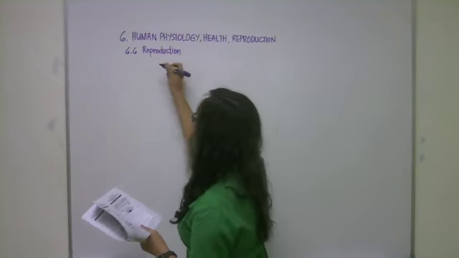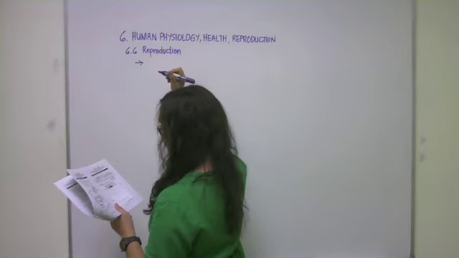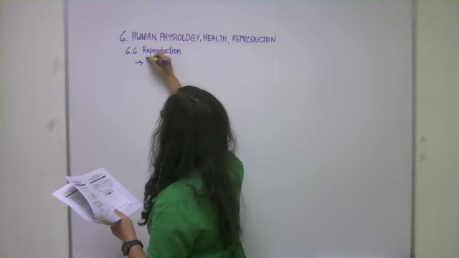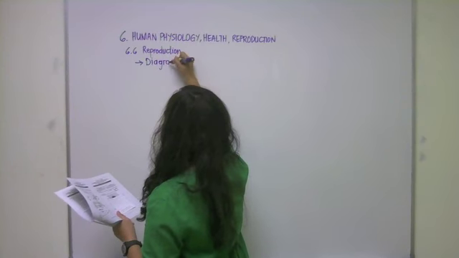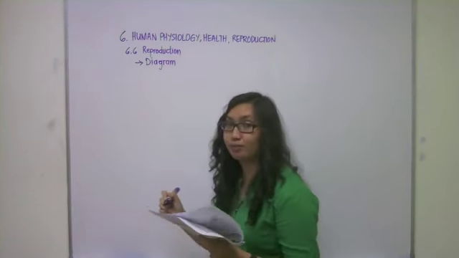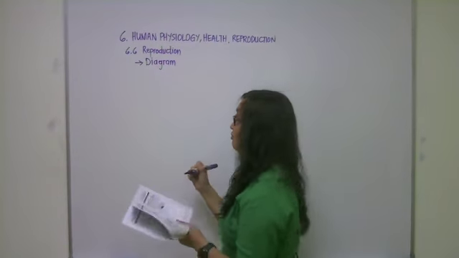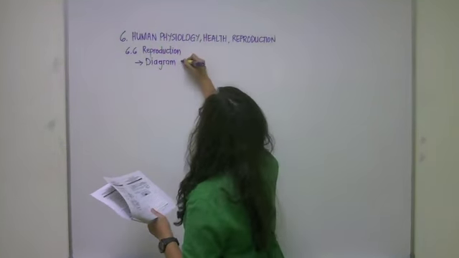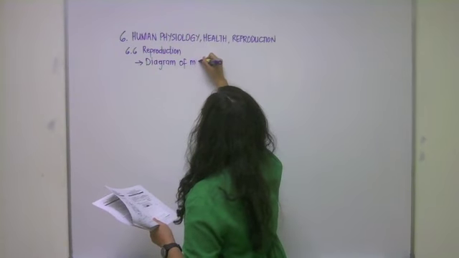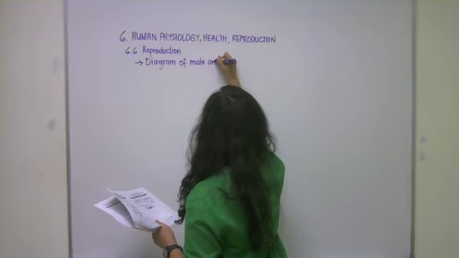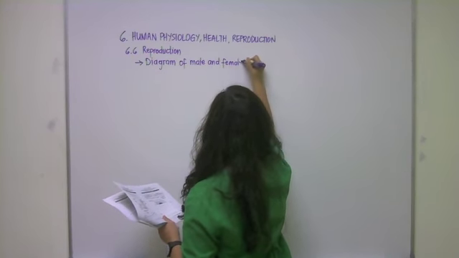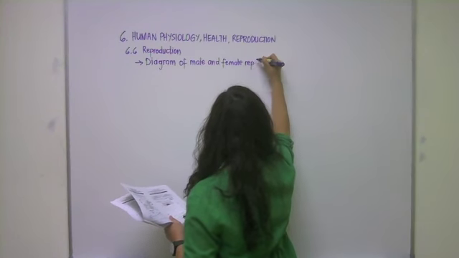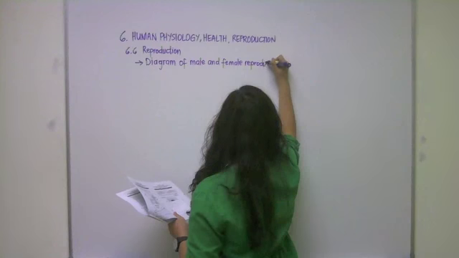So first, in reproduction, of course, it is very important to learn the structures that are included under both male and female reproduction by using a diagram. A diagram of the male and female reproductive system.